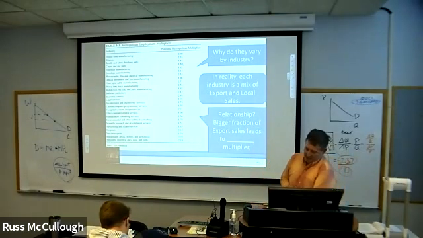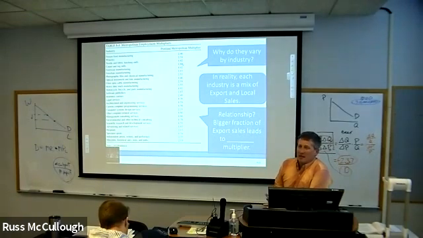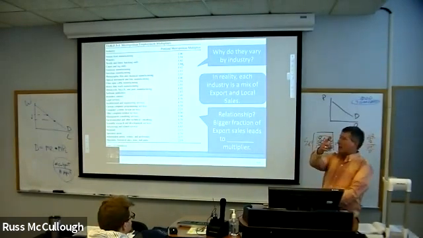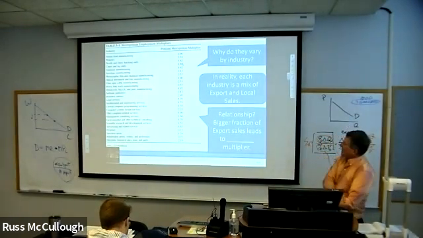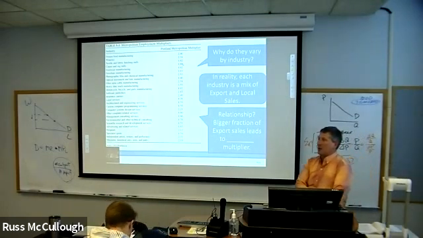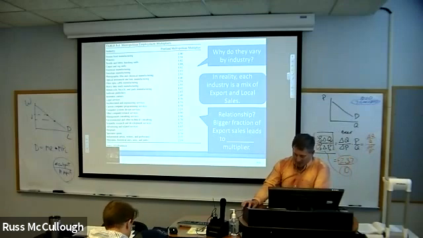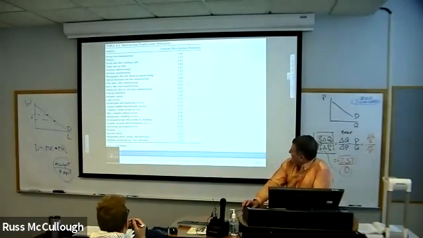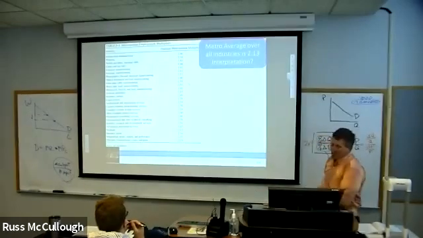Bigger fraction, I heard smaller. So the bigger the fraction of export sales, like the company up north in Ottawa, like the Tyson food plant, is that going to lead to a bigger multiplier or a smaller multiplier? Bigger. Survey says bigger. It's like a game show around here. Okay, so metro average.